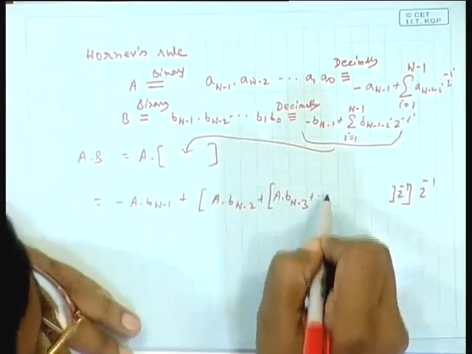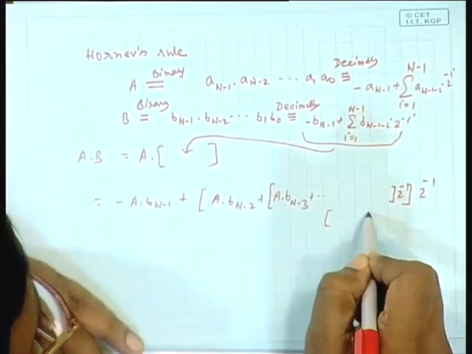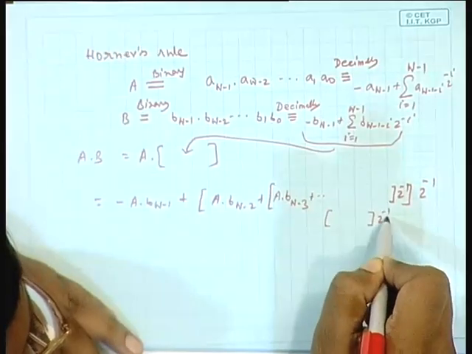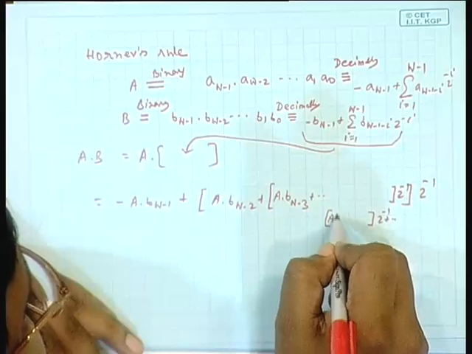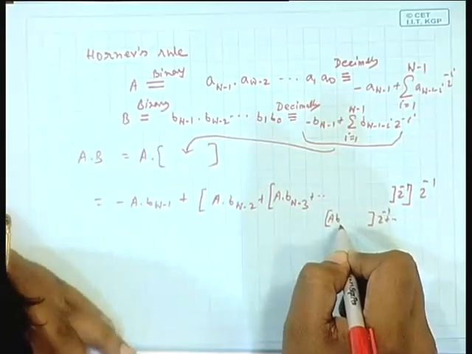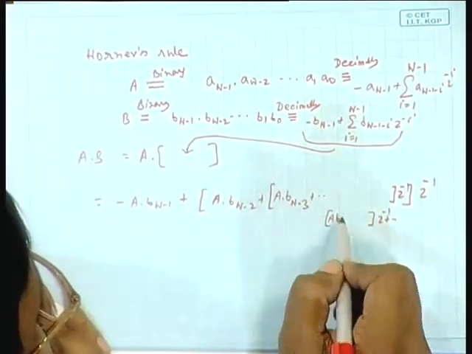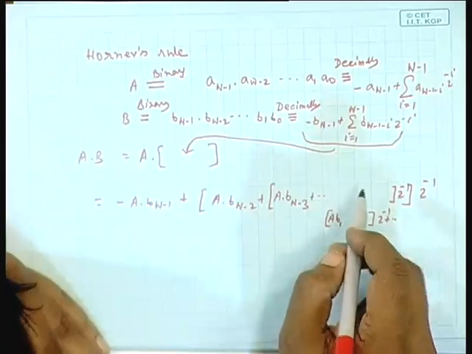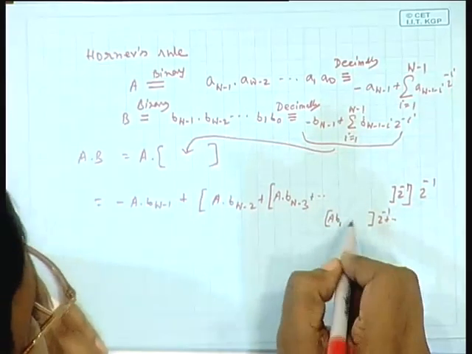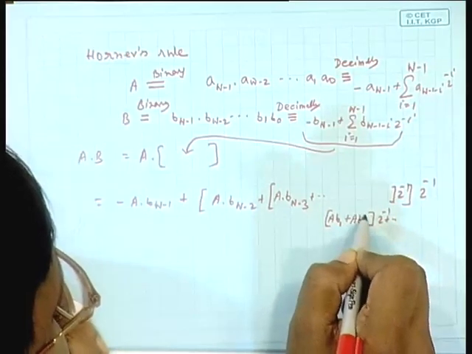And like this I go on doing. I am not showing many terms. Lastly, you will get things like this: A into b last two bits, sorry, A into b1 plus A into b0.